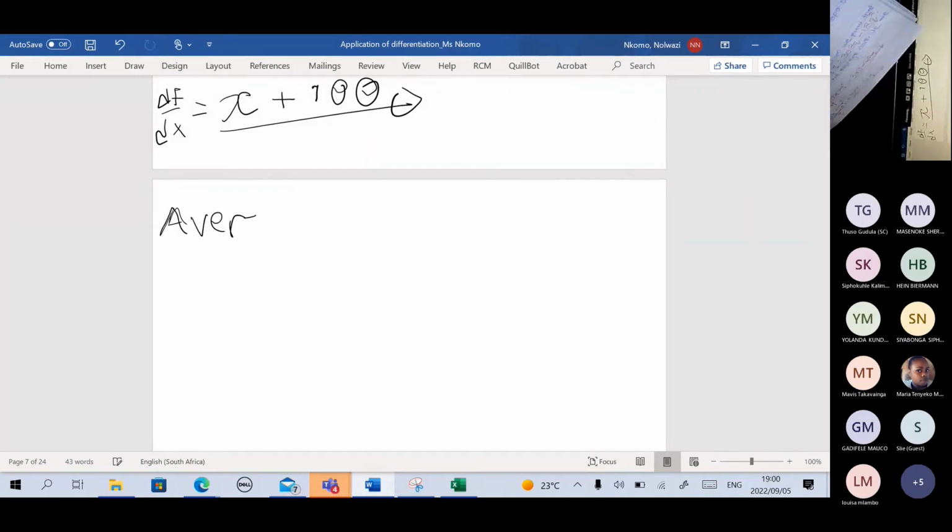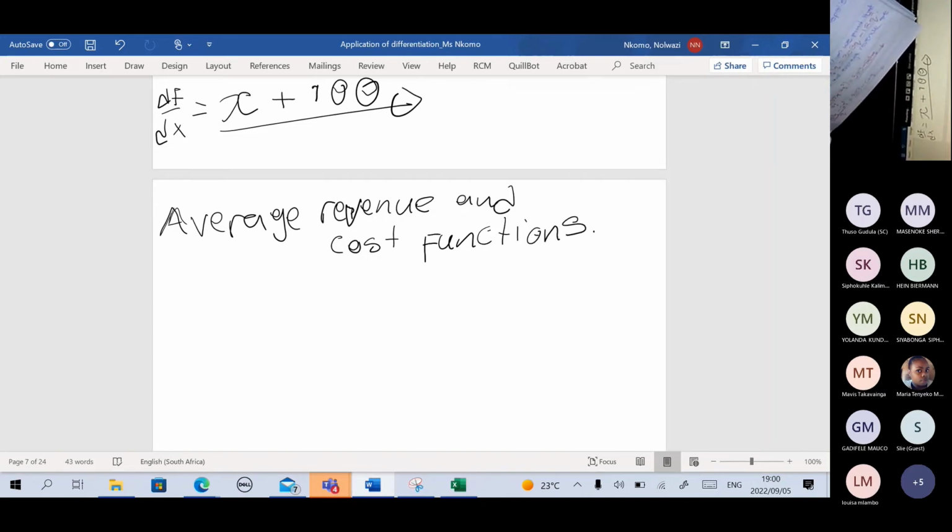Our next topic is the average revenue in the cost function. The average functions give expressions of the average value of economic variables over an interval.